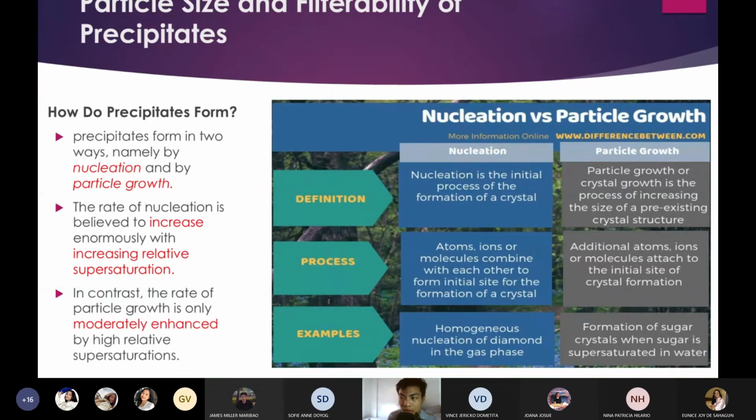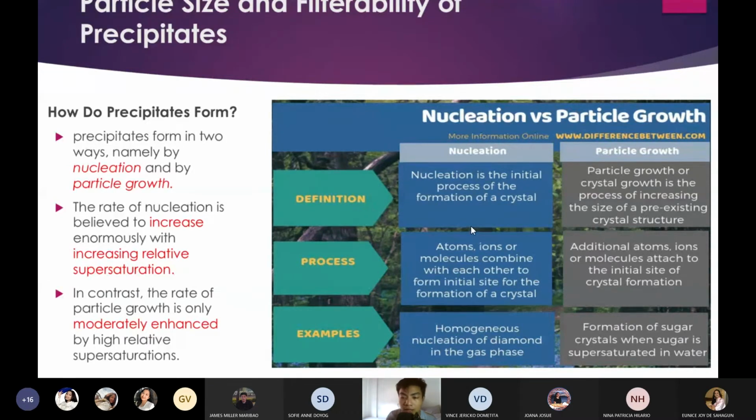So kapag yung asukal, ginawa mo siyang sugar crystals, 'di ba, brittle 'yon compared sa diamonds or gemstone. Bakit? Kasi the precipitate for sugar crystallization is particle growth yung process niya. Kalat-kalat yung paglaki ng particles, no? So that's why may part na matigas, may part na malambot, no? So ganun. So yun lang yung minor difference nila.